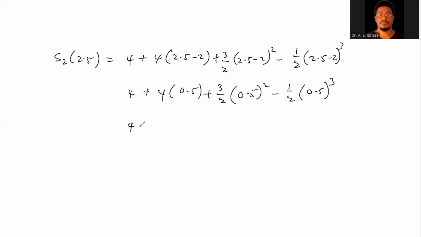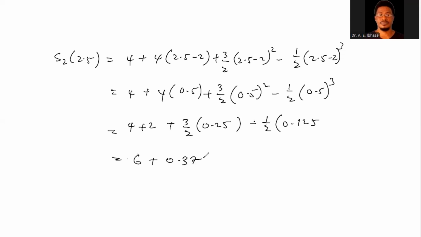So this would be 4 plus 2 plus 3 over 2 times 0.25 minus 1/2 times 0.125. And this is going to give us 6, 4 plus 2 is 6, plus 0.375 minus 0.0625. So S2(2.5) is equal to 6.3125.